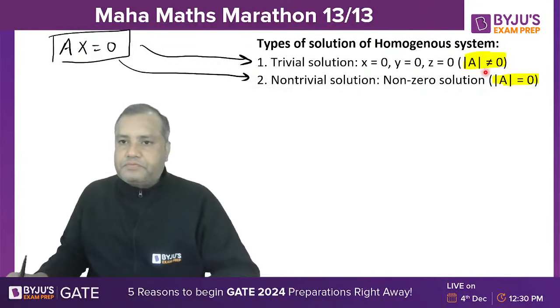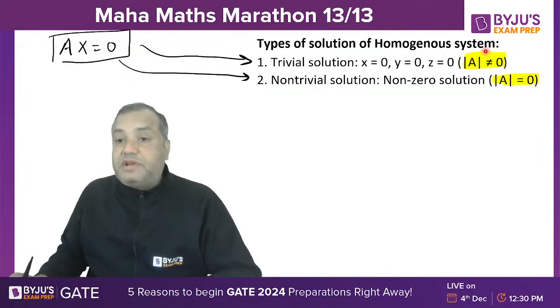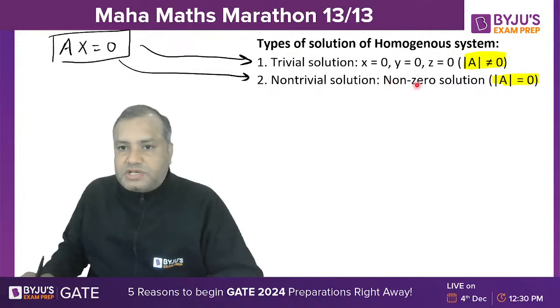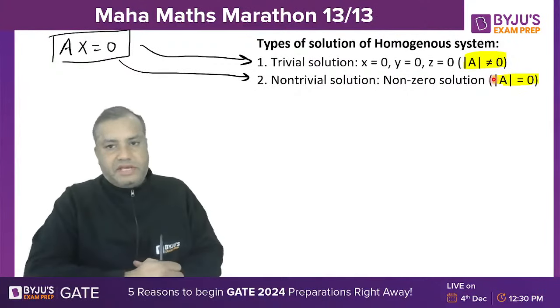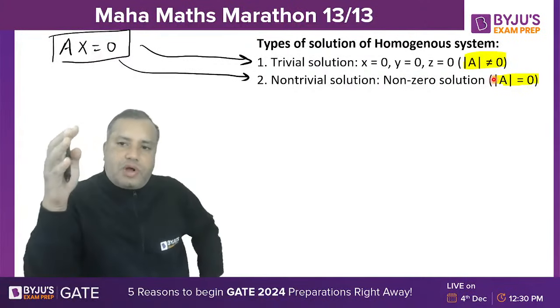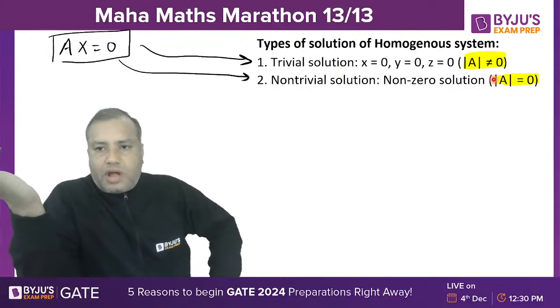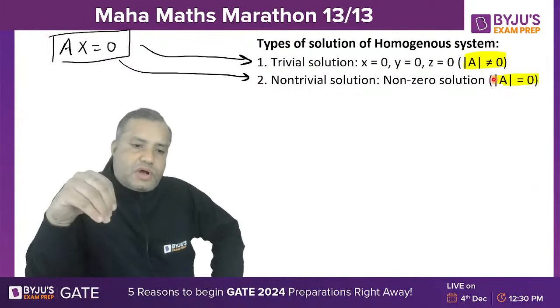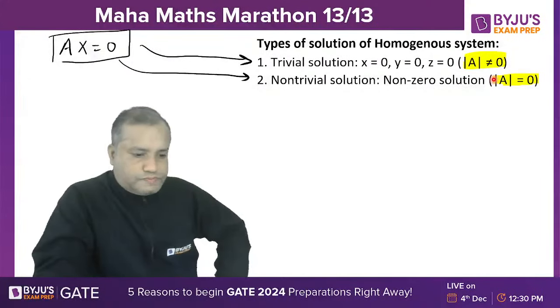Please concentrate. When the solution is 0, the determinant is non-zero. When the solution is non-zero, the determinant is 0. Just opposite mapping, easy to remember. If the solution is zero, the determinant will be non-zero. If the solution is non-zero, the determinant will be 0. Just opposite mapping between these two.